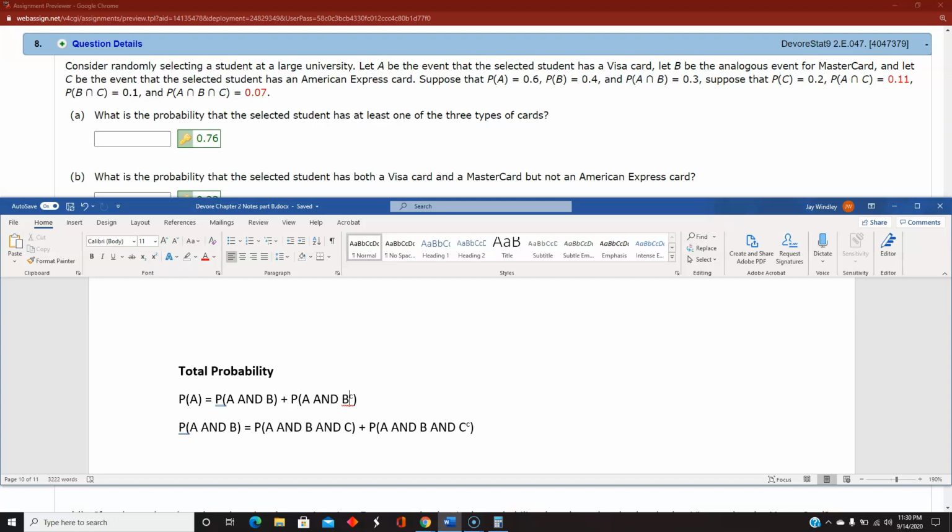So if you take that general rule and we apply that with different names, so everywhere the A is in this rule, we're going to replace it with A and B. Like this.